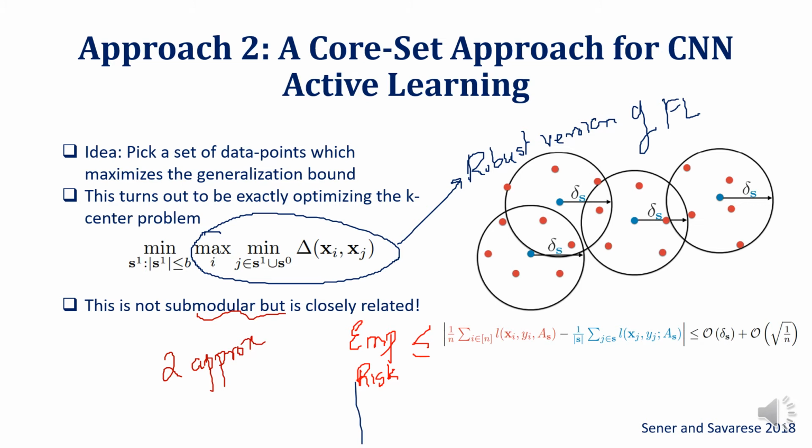So you need to pick the green points such that the maximum distance of a red point to a green point is minimized. So that's a criterion for picking those green points. Now it turns out that this is not submodular, but closely related. In fact, the greedy algorithm gives you a two approximation.